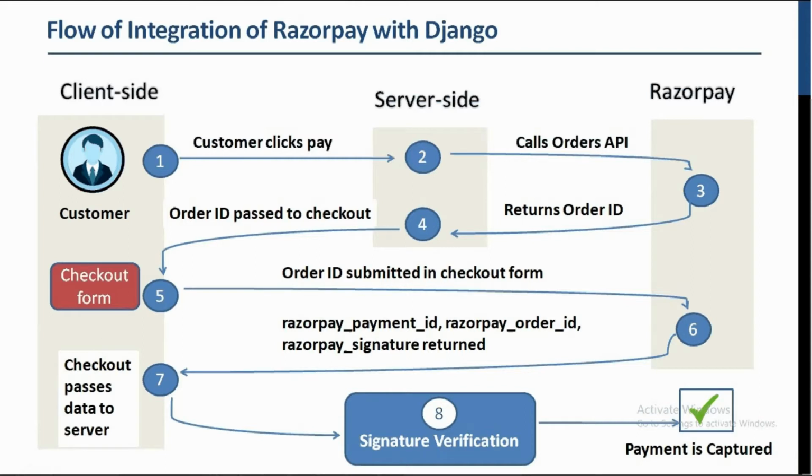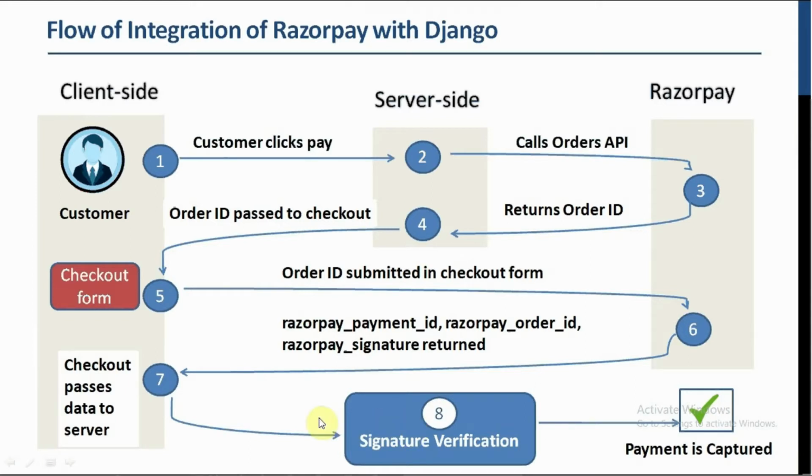Once the customer fills out the form with the necessary details, the form data with the order ID is directly sent to the Razorpay server for handling the payment. So all three, that is Razorpay payment ID, Razorpay order ID, and Razorpay signature, are received at the client side and are sent to your server for signature verification.